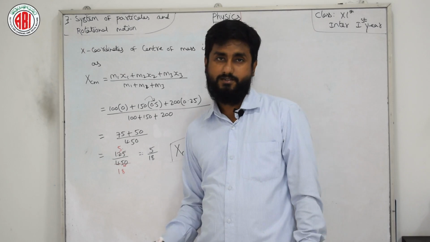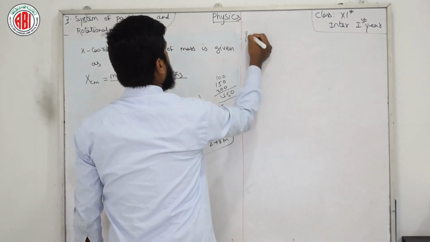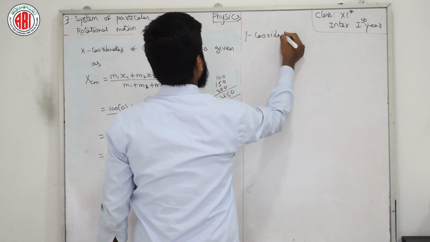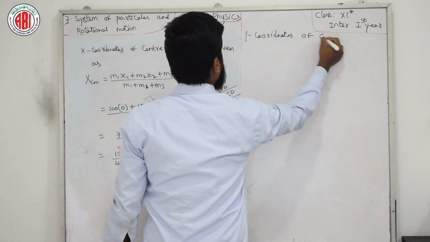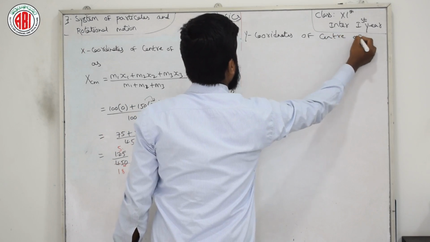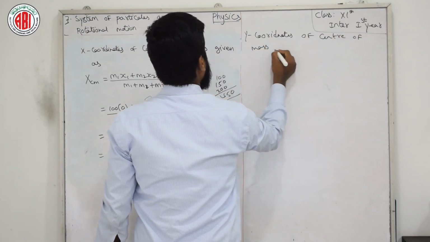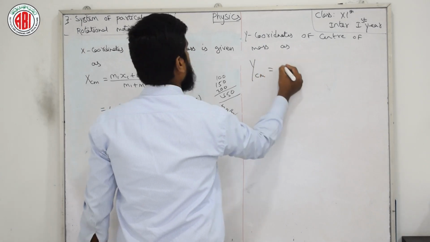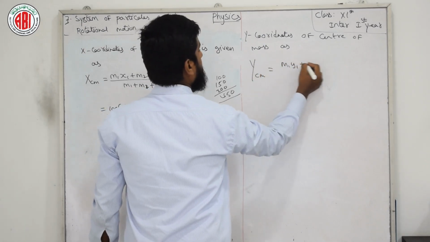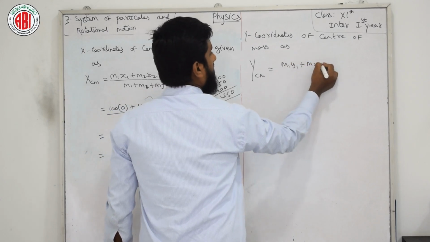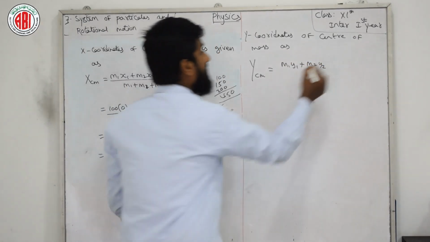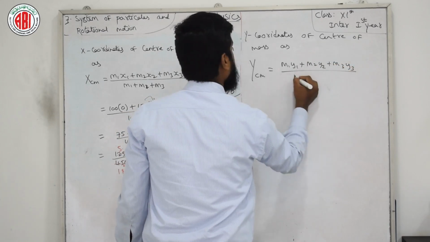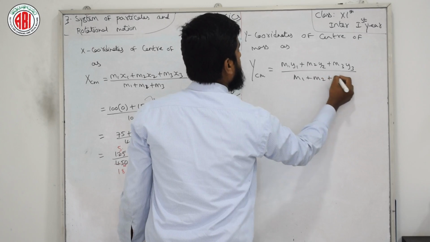Once we divide 5 by 18, we get 0.278 meters. Now the y coordinate of the center of mass is as follows: y centimeter equals, instead of x1, we take y1, so m1 y1 plus m2 y2 plus m3 y3, whole divided by m1 plus m2 plus m3.